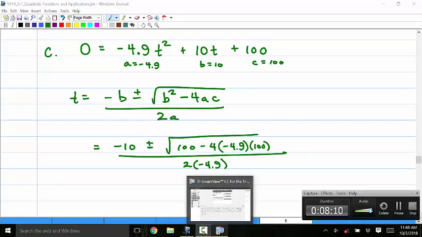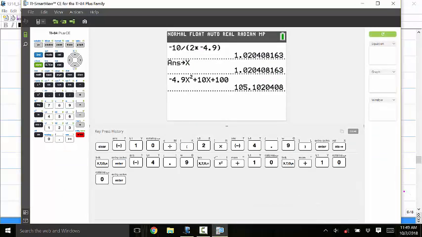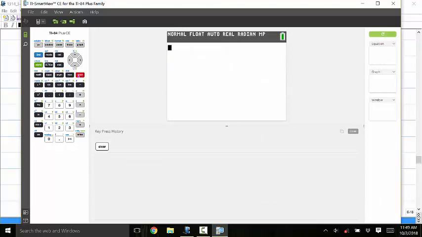So, on your calculator, what was A? Negative 4.9.